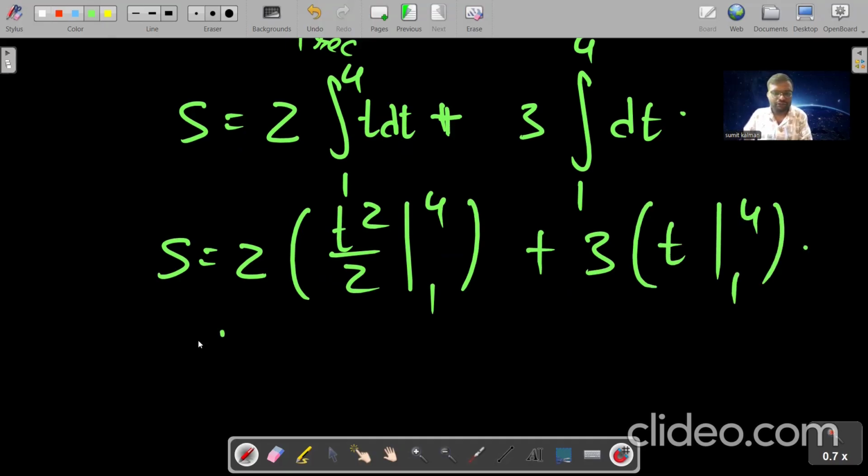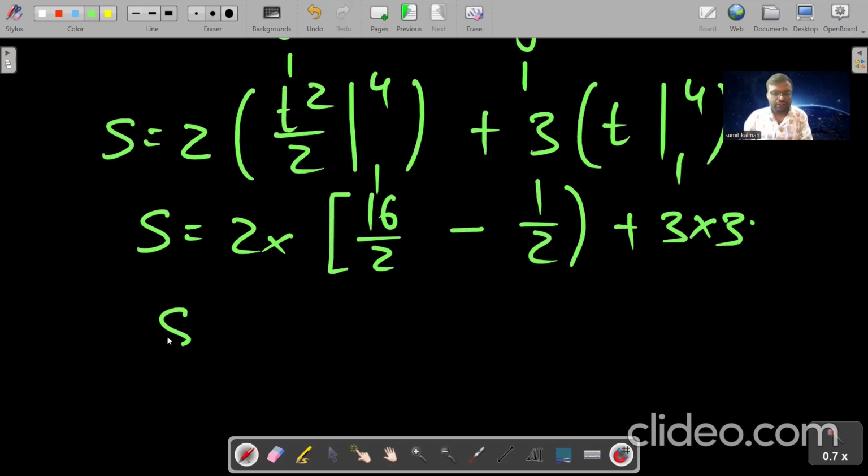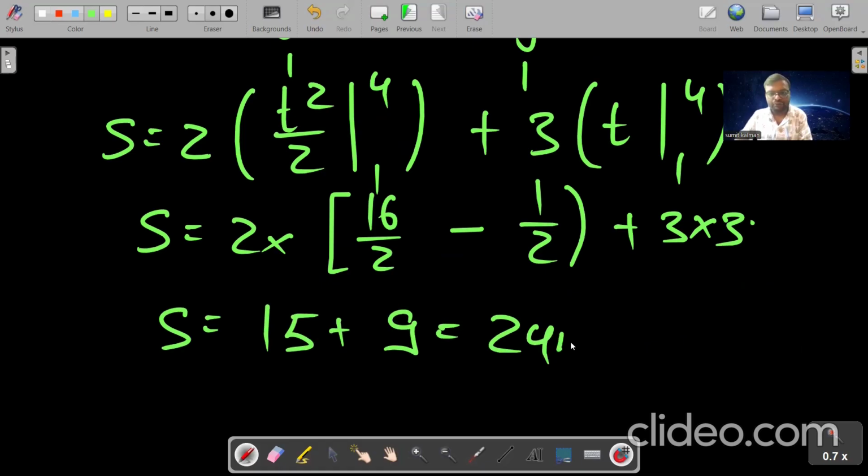Now, students, if you solve this, it will come 2 into (16 by 2 minus 1 upon 2) plus 3 into (4 minus 1), upper limit minus lower limit. That is 15 plus 9, and here, students, you will get 24 meter.